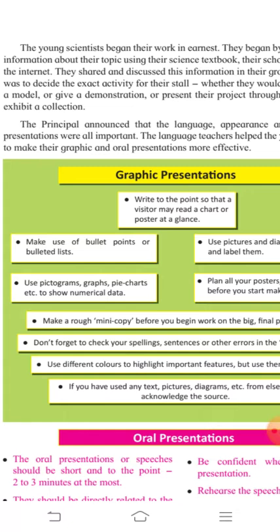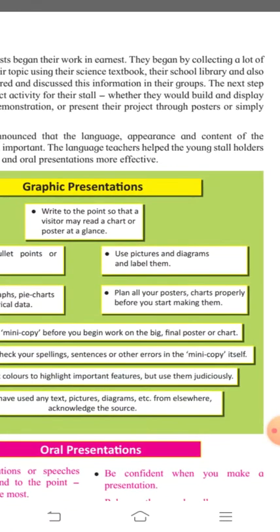So like that, either you're going to make a stationary model, or a working model, or maybe just give a demonstration. That means you're going to perform some experiments there at the same time, right? Like some chemistry experiments you can perform, can show the change in the color, right? Because people get attracted to see something which is happening like magic. So giving a demonstration means doing an experiment there itself, or maybe presenting their project through posters.